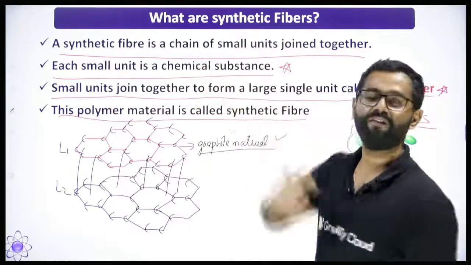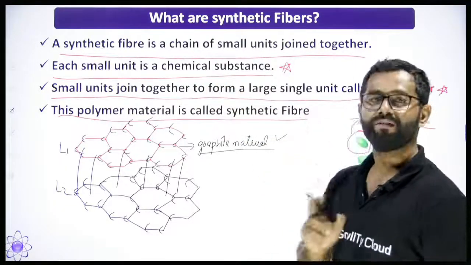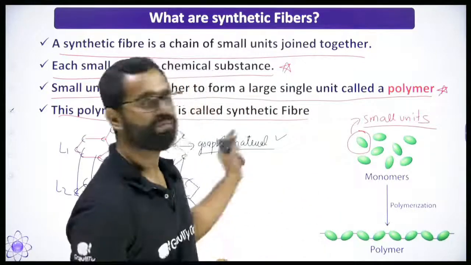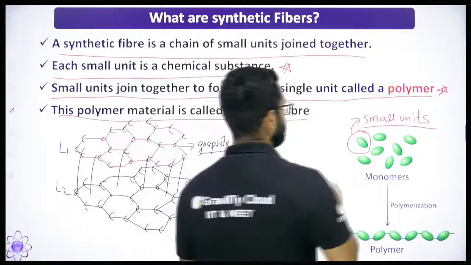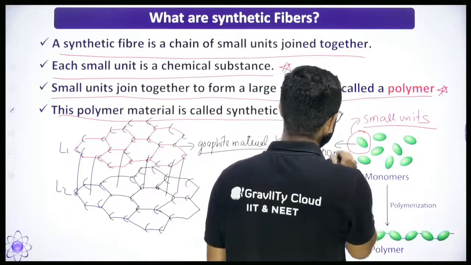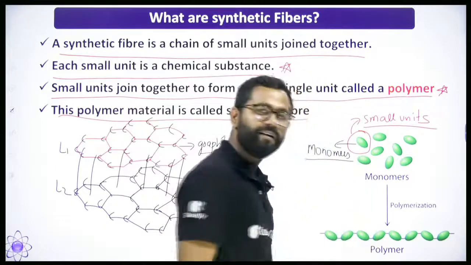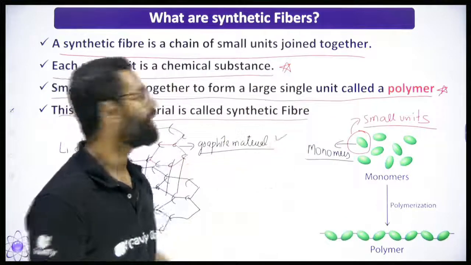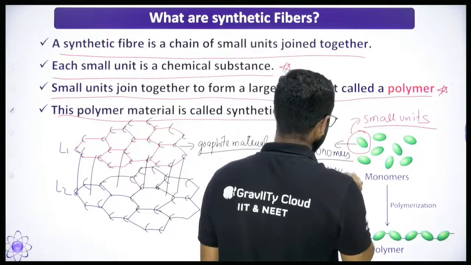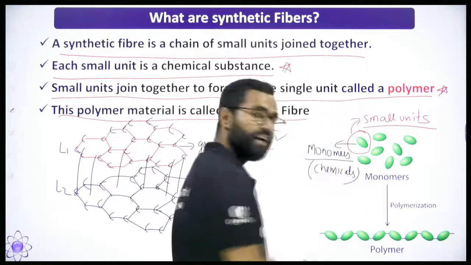Similar is the case of synthetic fiber. Synthetic fiber also consists of very small units, and those small units are called monomers. Simple, right? These monomers are actually chemicals.